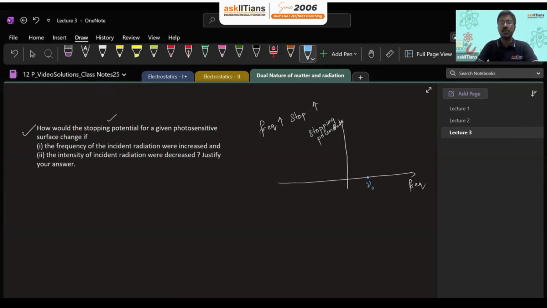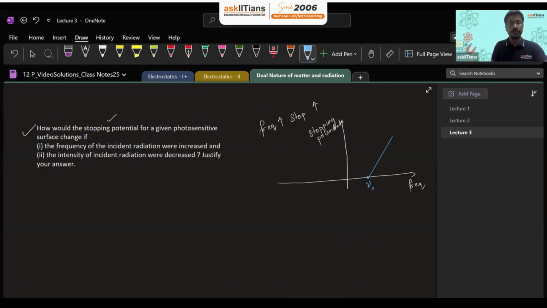Above that, the stopping potential will linearly increase with frequency like this, right? So if the frequency of the incident radiation is increased, then clearly the stopping potential required to stop it will also increase because the kinetic energy is increasing.